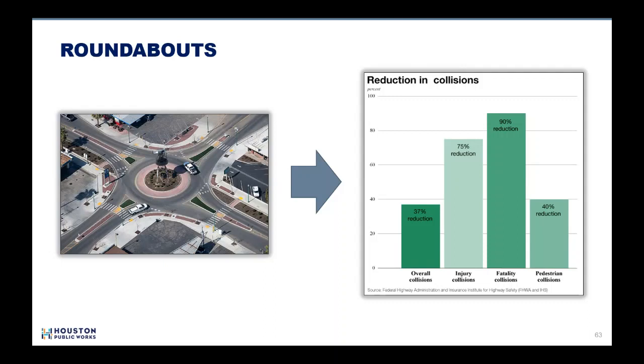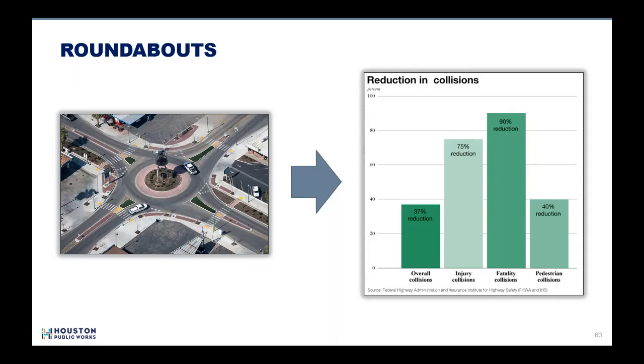So we are looking for roundabouts wherever they make sense, because they have a number of advantages. On the right here, I'm showing the larger scale national results from the safety of roundabouts compared to other kinds of traffic control.